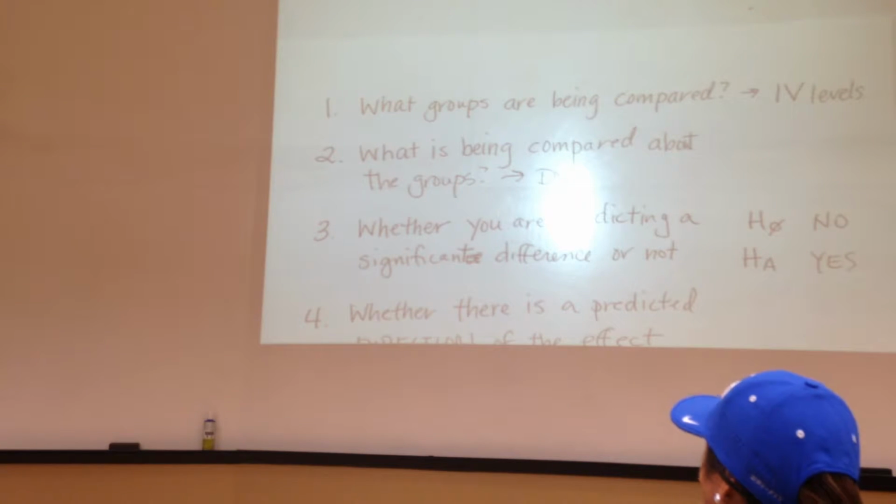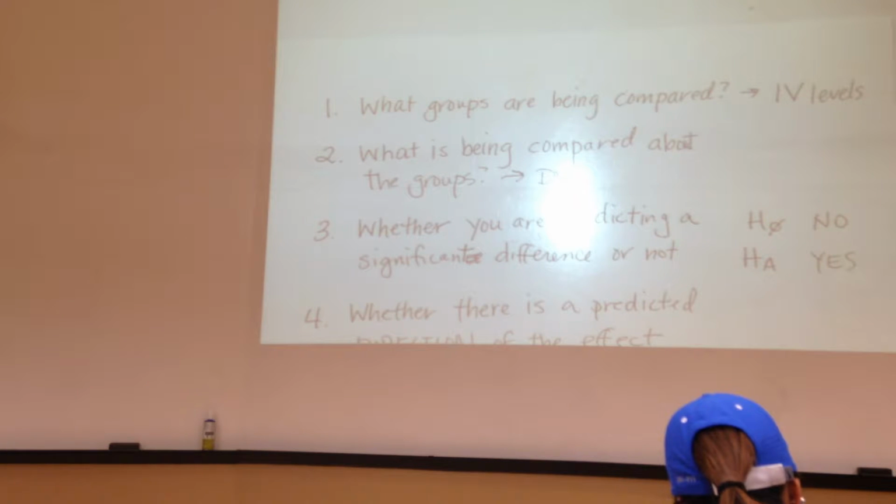Okay, so you have a very specific prediction about which group is going to be bigger or smaller or faster or heavier or smarter or whatever. When you predict that one is going to be something more than the other, then you've got a direction of the effect. The alternative is that you just say, I think the groups are going to be different, but I don't know how.